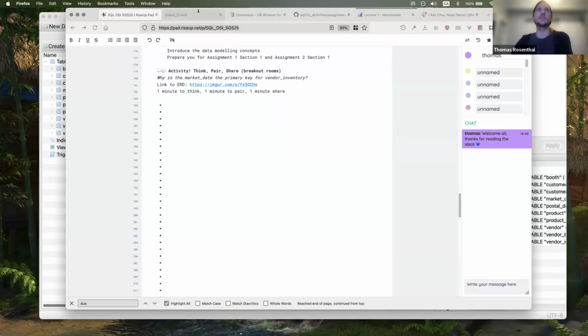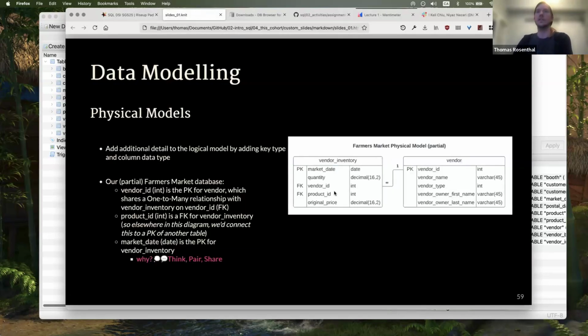Okay, the question. Market date, which is a date, is the primary key for vendor inventory. Why do we think that is? So, Niaz, I hope you're ready here. Talk it over amongst yourselves. Come back in just a couple of minutes.